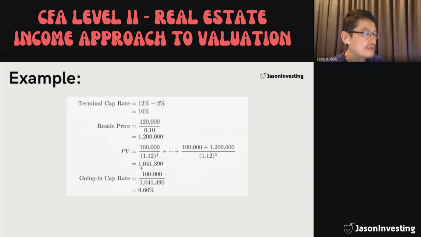This comes back to a PV of about $1.041 million. And by using this PV, this valuation that we computed by assuming the terminal value and the consistent current NOI, this results in a cap rate of 9.6%, which we call the going-in cap rate or the initial cap rate.